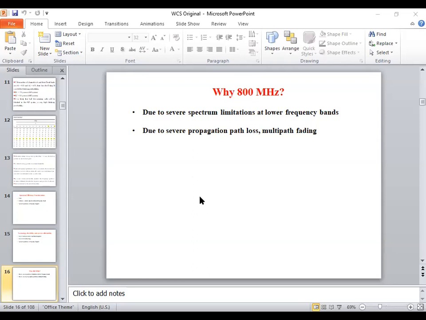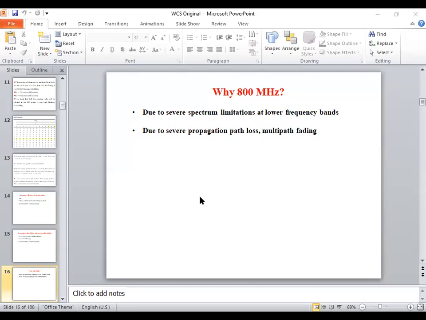Fixed station services are also allocated portions, 30 to 100 megahertz, which they are using. The lower portion is used by air to ground systems, maritime systems, and military aircraft systems also. So it is already so crowded. That's why we are using the 800 megahertz.